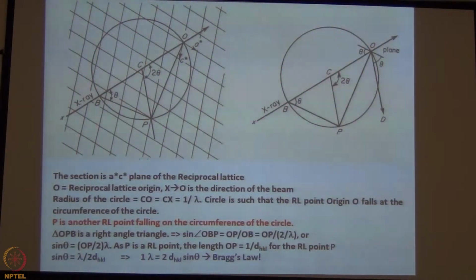So now you can easily understand, if I have a mechanism to rotate the crystal about its axis, suppose I mounted the crystal in such a way that B star is that direction and this plane is my A star C star plane.